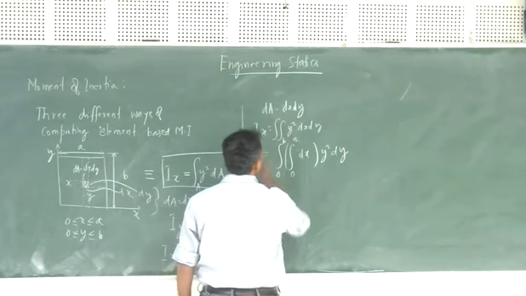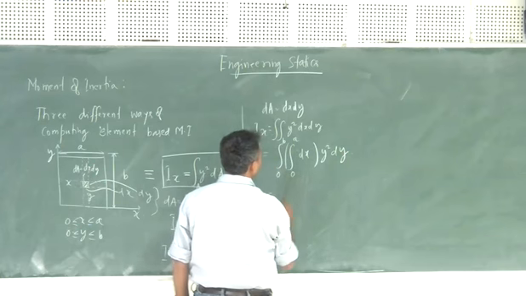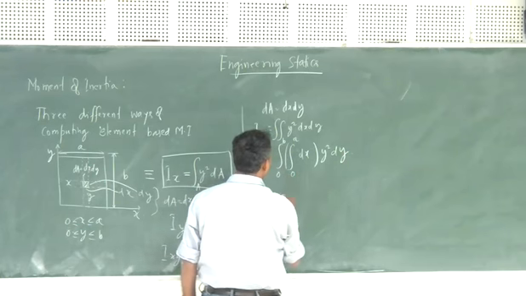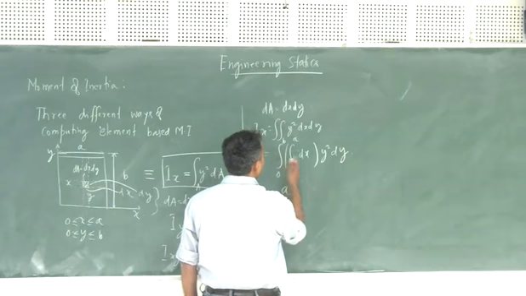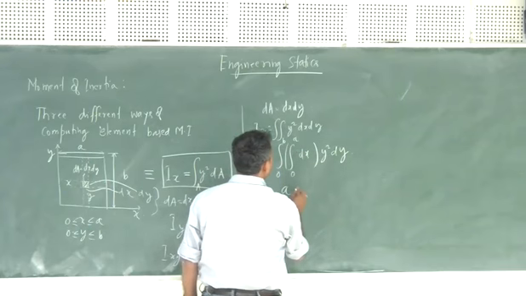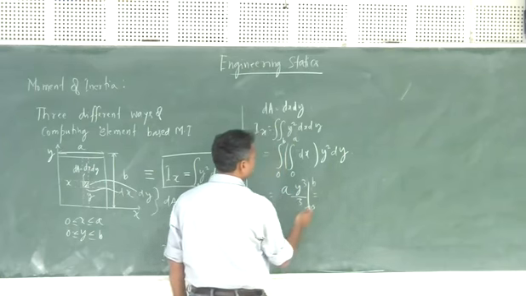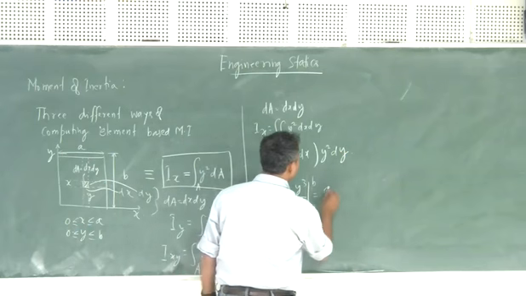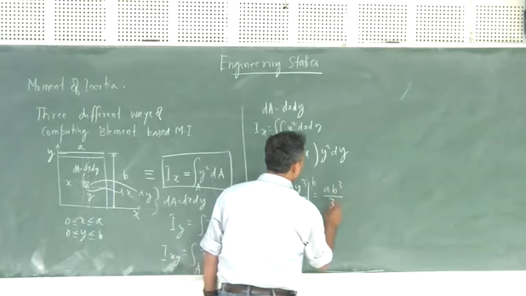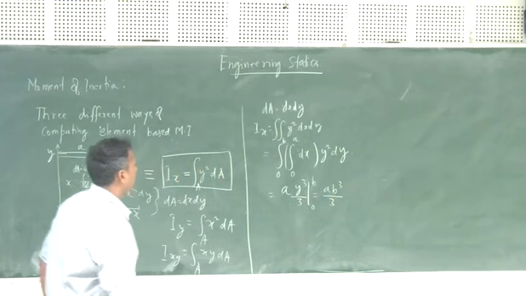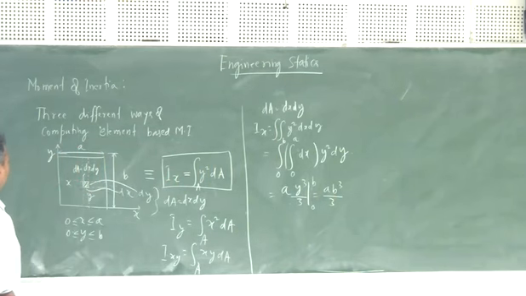So if you do the integration, you get a, and for the y integration you get b cubed by 3, and you can substitute the limits.